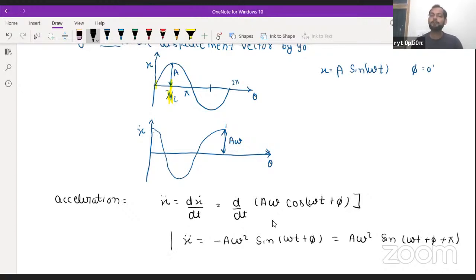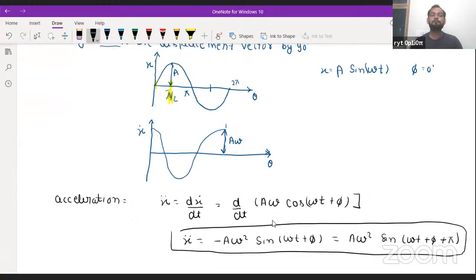What do you understand by this equation? If somebody asks what is the maximum acceleration during SHM, can anybody answer? Right now you have the equation.